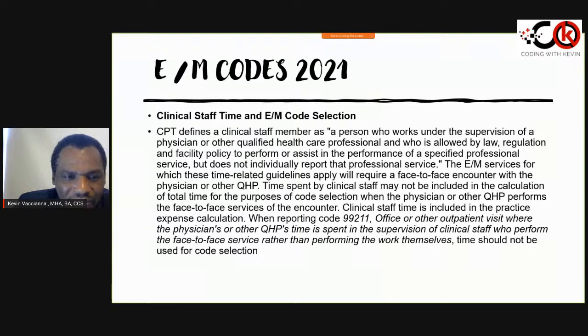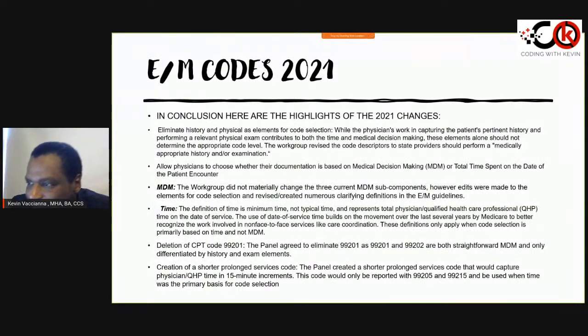Okay? In conclusion, here are the highlights of the 2021 changes that I need you to remember. We will eliminate the history and physical as elements for code selection. While a physician's work in capturing the patient's pertinent history and performing a relevant physical exam contributes to both the time and medical decision making, these elements alone should not determine the appropriate code level.